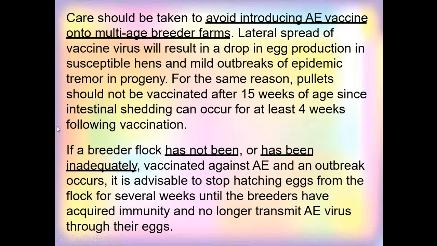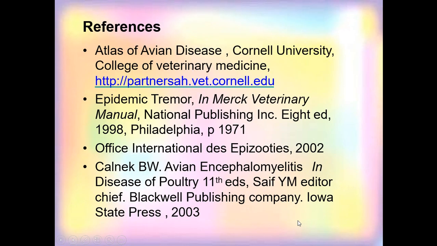Then we check whether the breeders are still positive for the AE virus. This is some of the references that we use for this disease. Not so complicated for this disease.